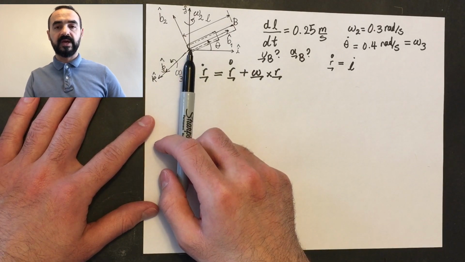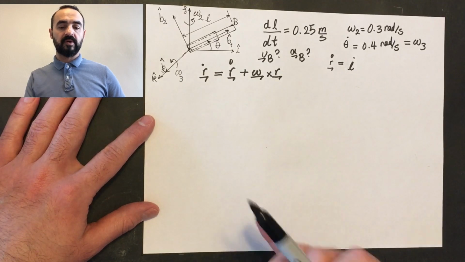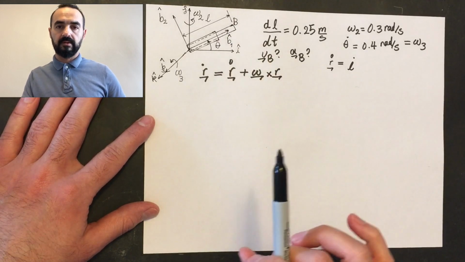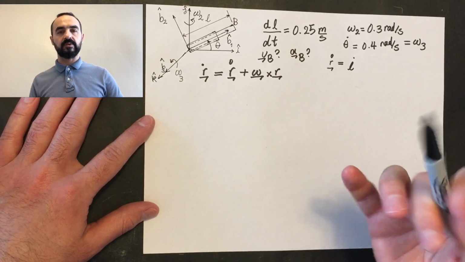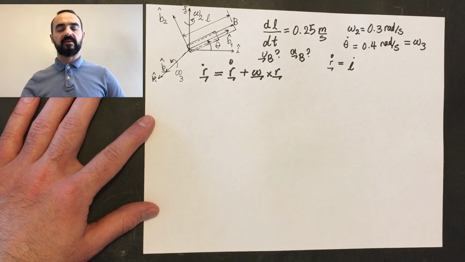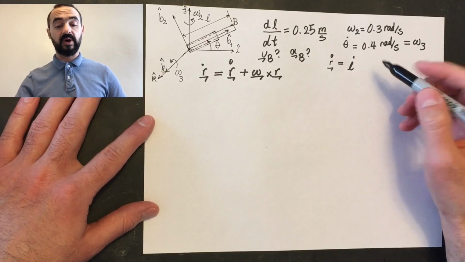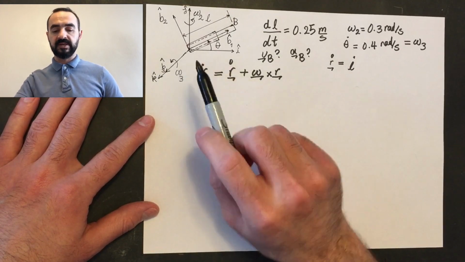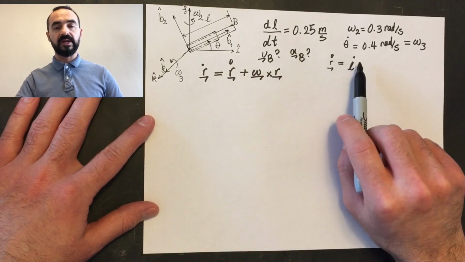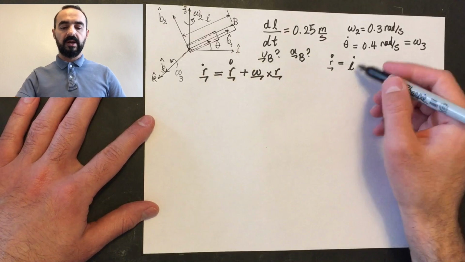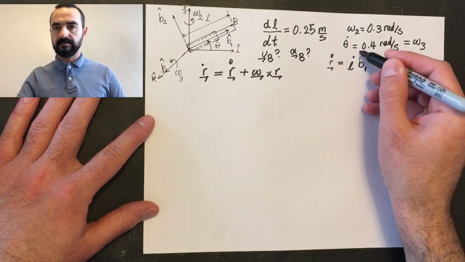I don't see rotations, because I'm rotating with the same angular velocity as point B. The only thing I see, as I'm watching point B, is how far point B goes, which is characterized by L dot. And in terms of direction, in the body attached frame, L dot is always along b1 hat.